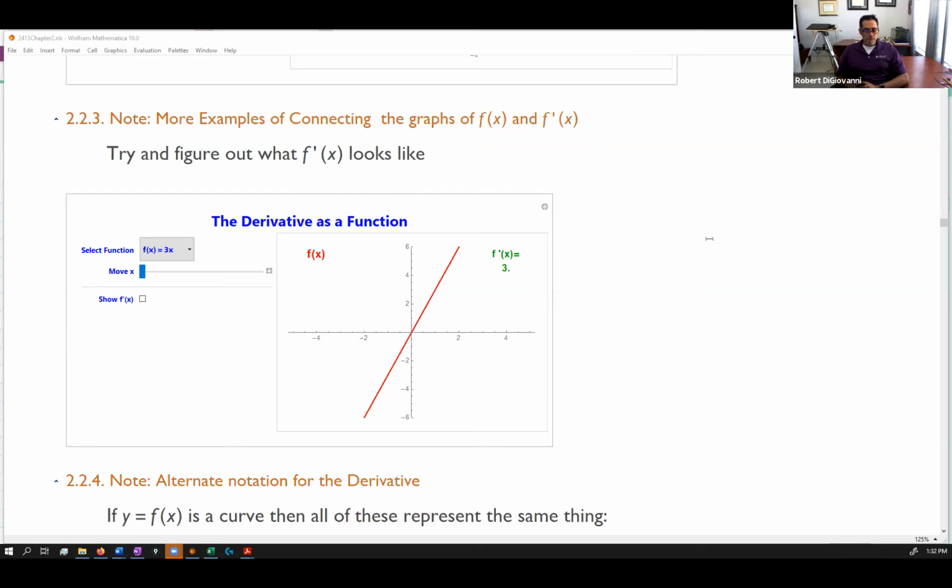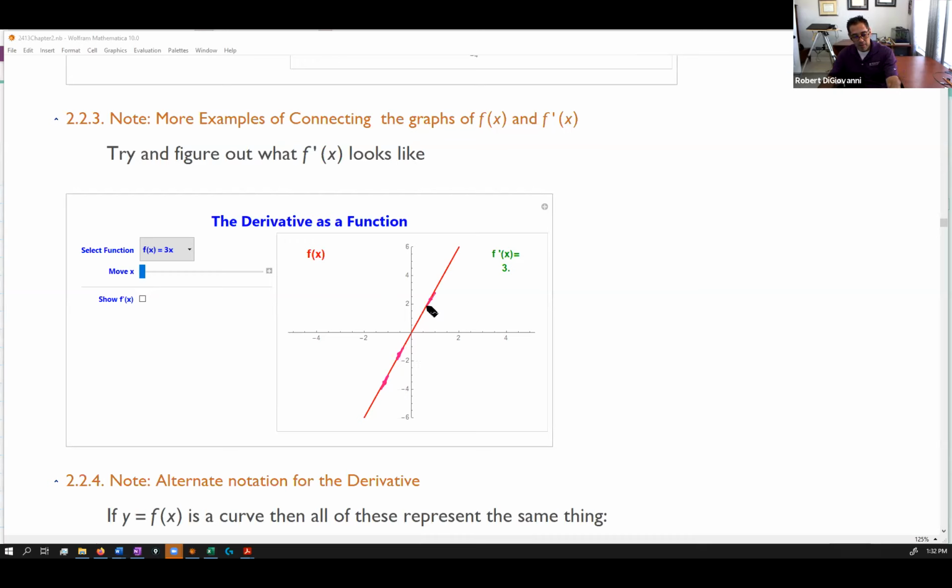There's the original function. It's always increasing, isn't it? It's always going up. Not only is it always going up, it's always going up at the same rate, isn't it? If you pick any point you want here, the slope of the tangent line is equal to the slope of the line, isn't it?